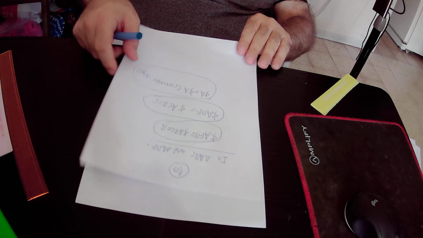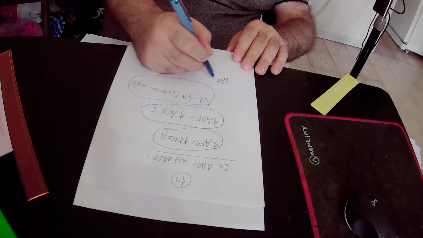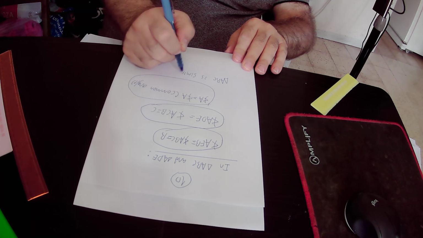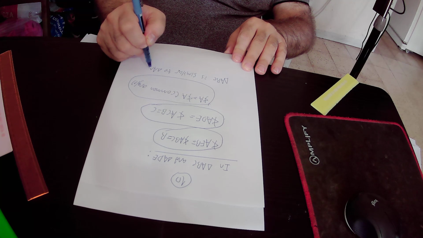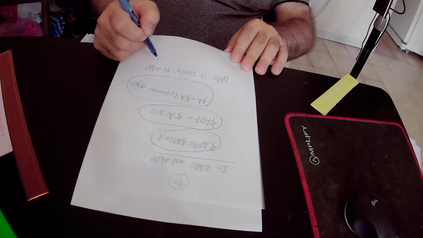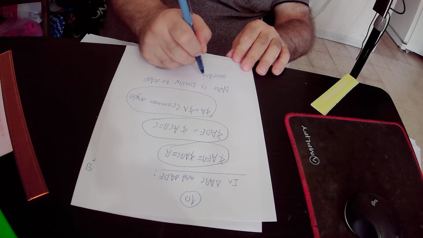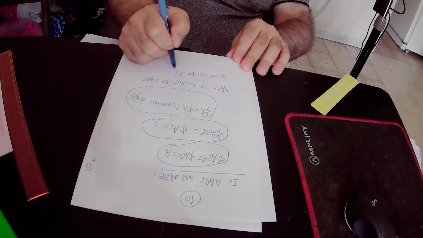I will write it down: triangle ABC is similar to triangle ADE according to angle similarity rule.